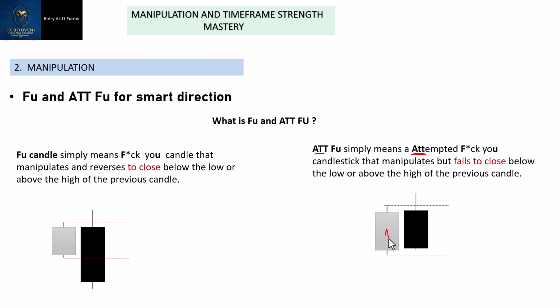So this is candle number 1, this is candle number 2. Candle number 2 went higher to purge liquidity, but it failed to close below the low of the first candle. So it was attempting to be an FU, right? But it failed to do so, right?